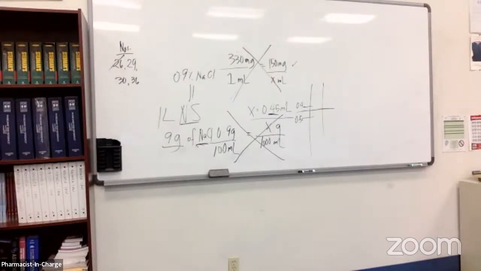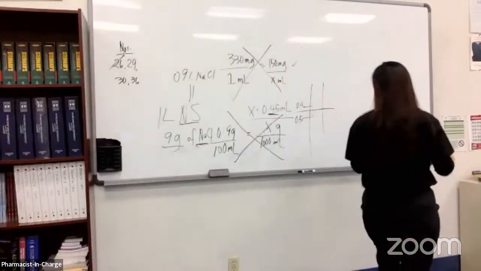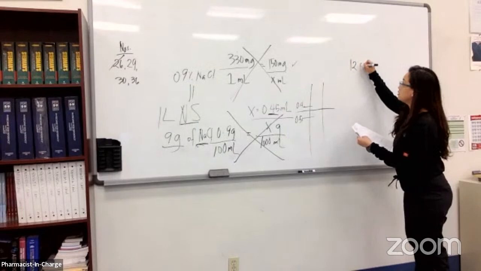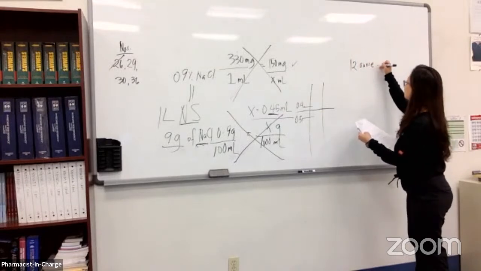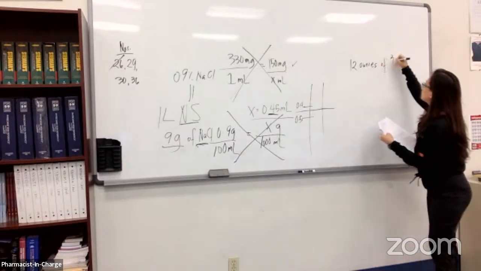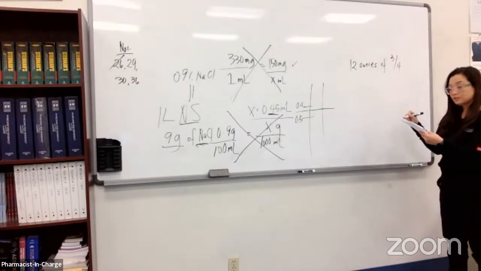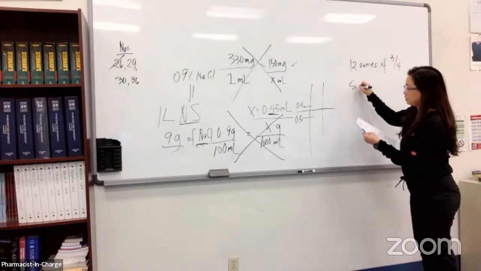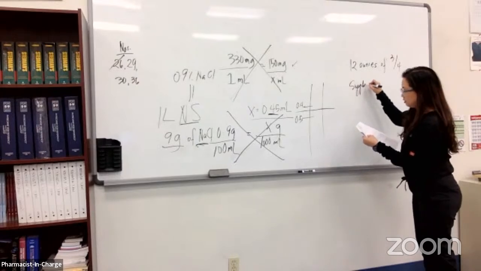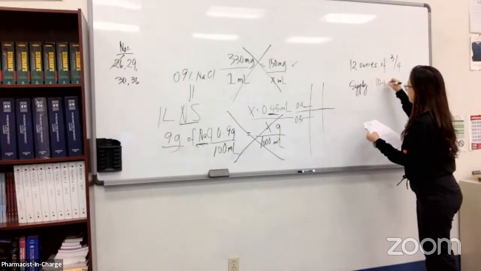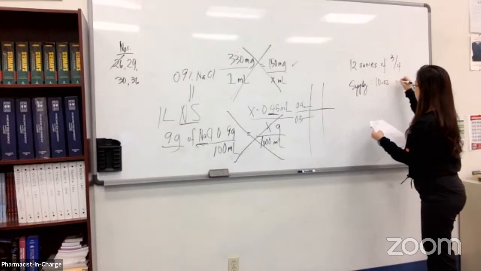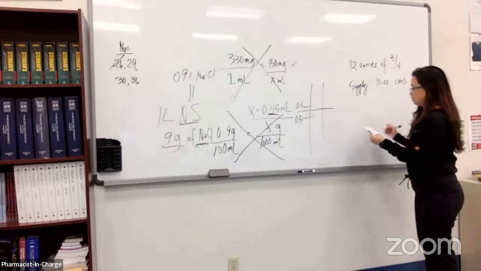Let me tell you the answer, and I want you to figure out why. 12 ounces of 3/4 strength of the milk. Your supply is 10-ounce cans.